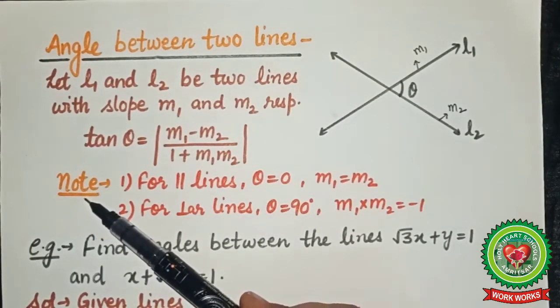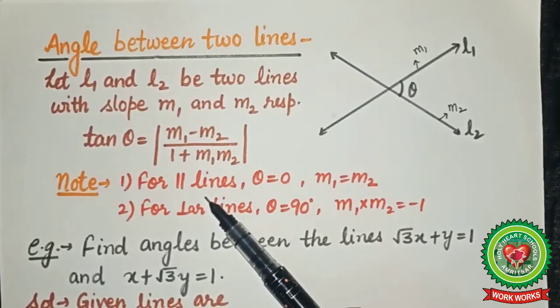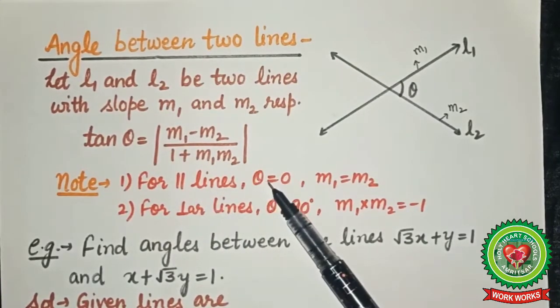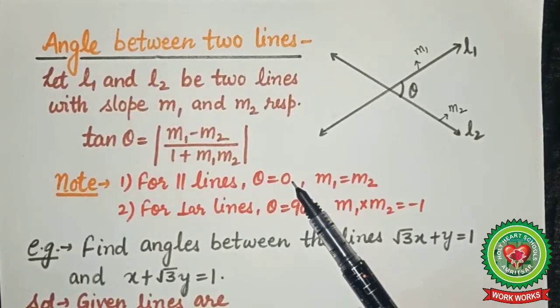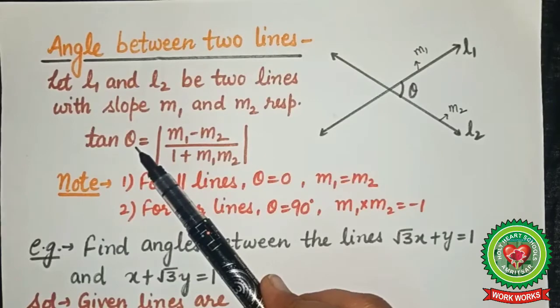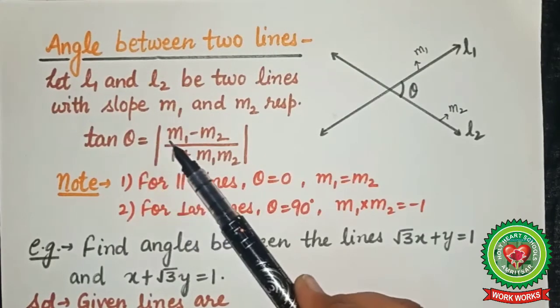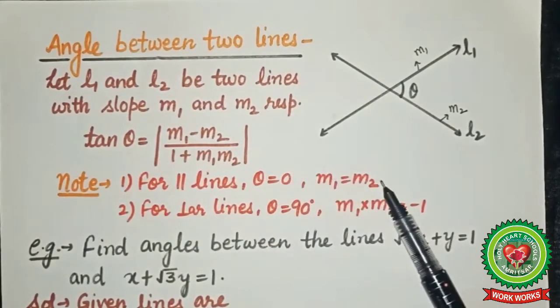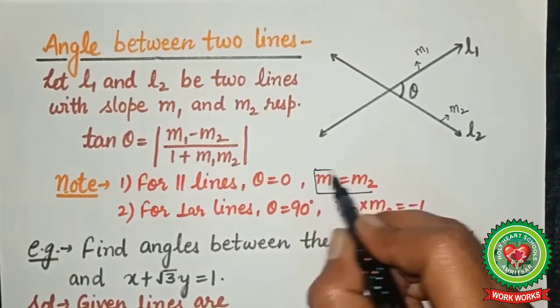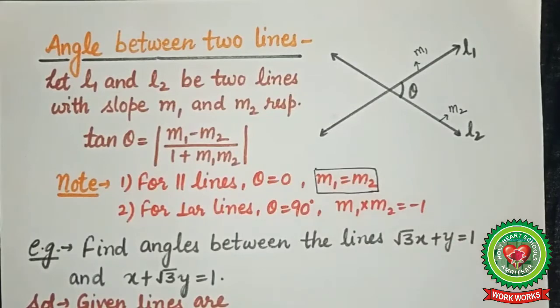Now notice, this thing you have already done in the previous classes, that for parallel lines theta is equal to 0. So from here we get tan theta is equal to tan 0 is equal to 0, and we are left with m1 is equal to m2. This is the condition for the parallel lines.